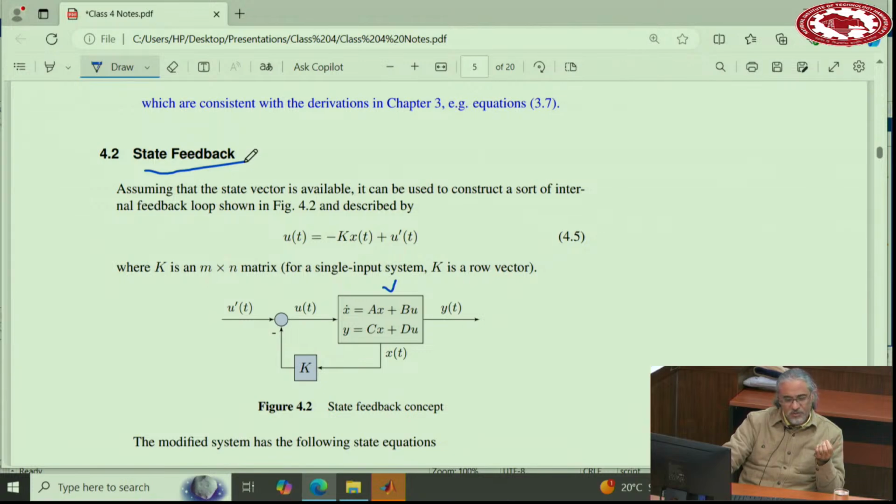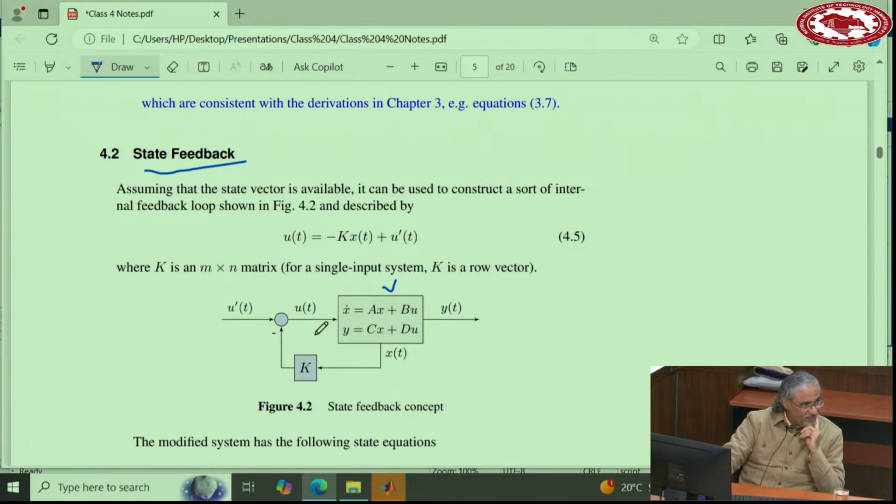Because output does not contain all the information. So what I will do, I will take the state vector, multiply into some k, and remember this k is also a vector or a matrix depending on the size of the u and x, and then you bring it back and close the feedback. This is the concept of a state feedback.